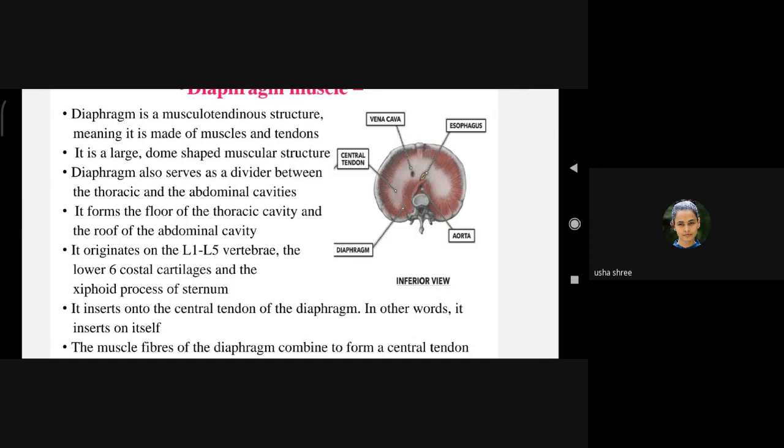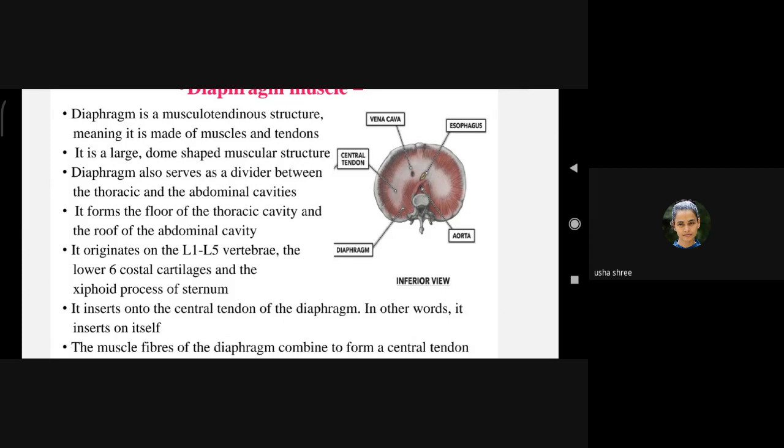It originates on the L1 to L5 vertebrae, the lower six costal cartilages and the xiphoid process of the sternum, right? And now you will ask, what is the xiphoid process? Xiphoid process is where the sternum is ending, right?